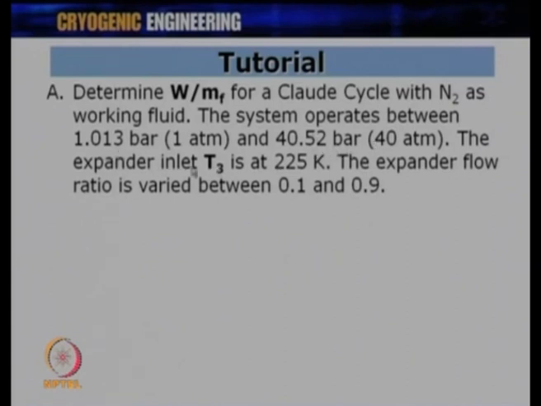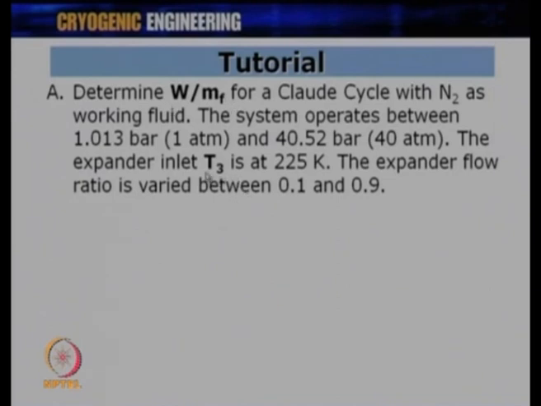The expander inlet T3 value is 225 Kelvin, which is below ambient. The expander flow ratio is varied between 0.1 and 0.9. That means the value of X is varied between 0.1 to 0.9, and we want to see the effect of this variation of X on the value of W by MF.